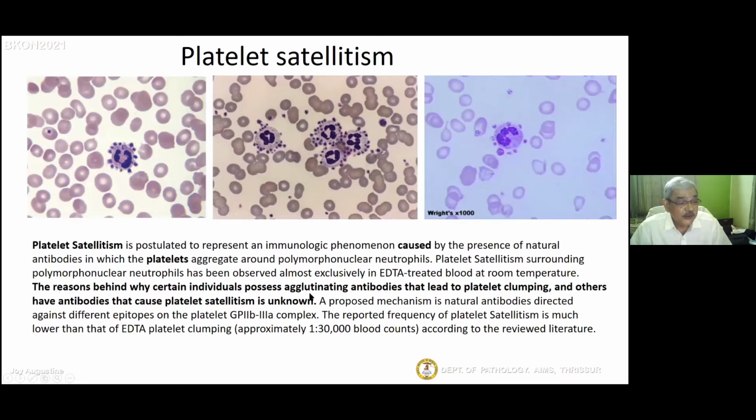Some individuals possess agglutinating antibodies, and the reasons behind why certain individuals possess agglutinating antibodies are not very clear. But it's not that common. It's seen in just 1 in 30,000 people. So it's not that much of a serious issue.